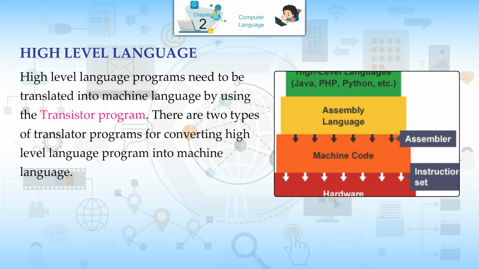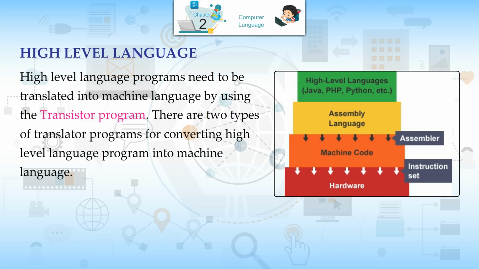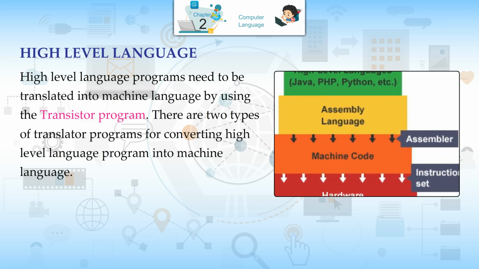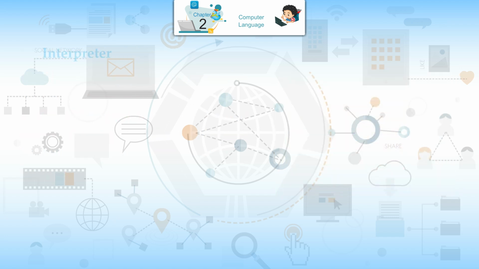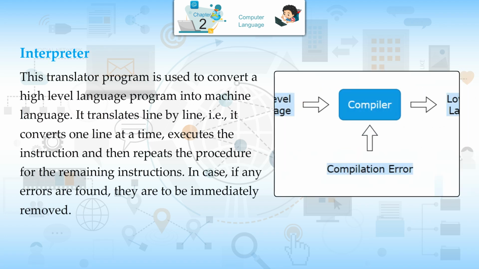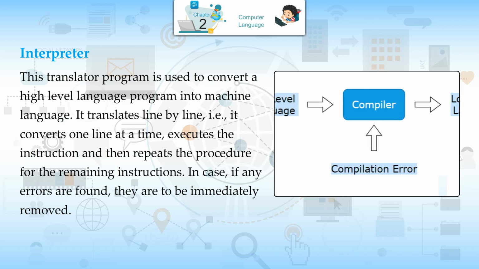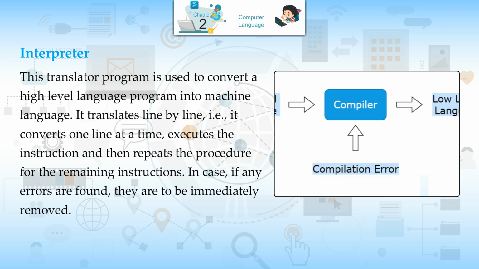High-level language programs need to be translated into machine language by using a translator program. There are two types of translator programs for converting high-level language programs into machine language. Interpreter: this translator program converts a high-level language program into machine language line by line.